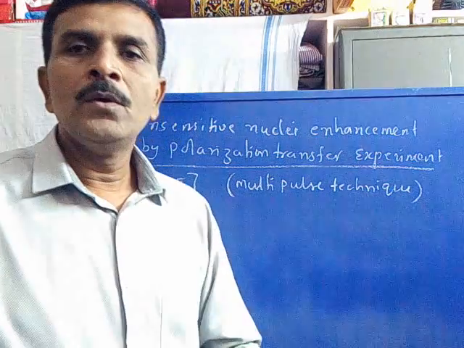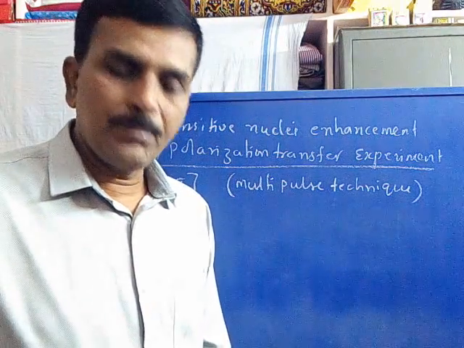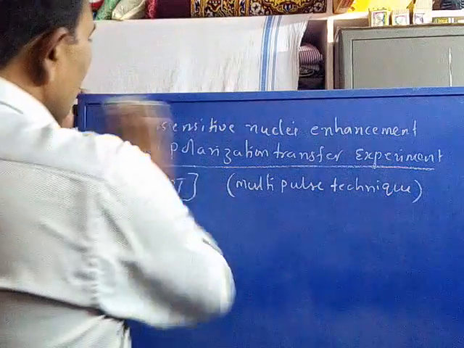Now coming to the INEPT principle and INEPT spectrum. In an organic molecule, there are in general two nuclei. One is the proton nucleus, the other is the carbon C13 nucleus.